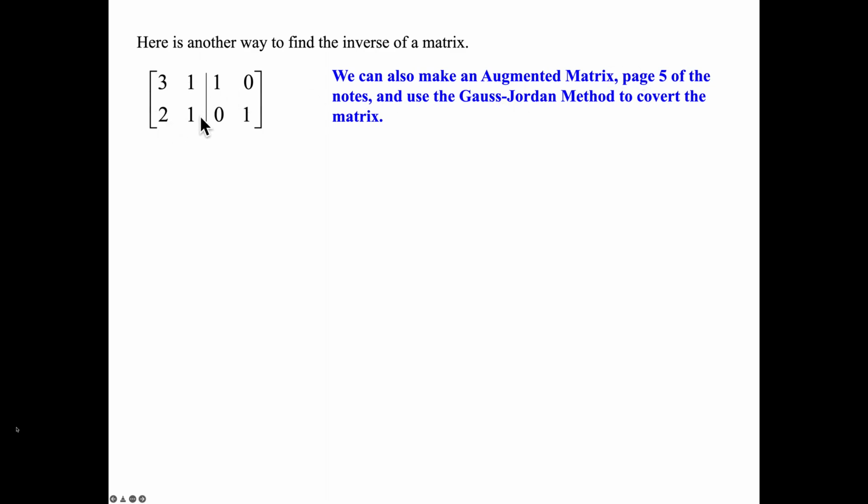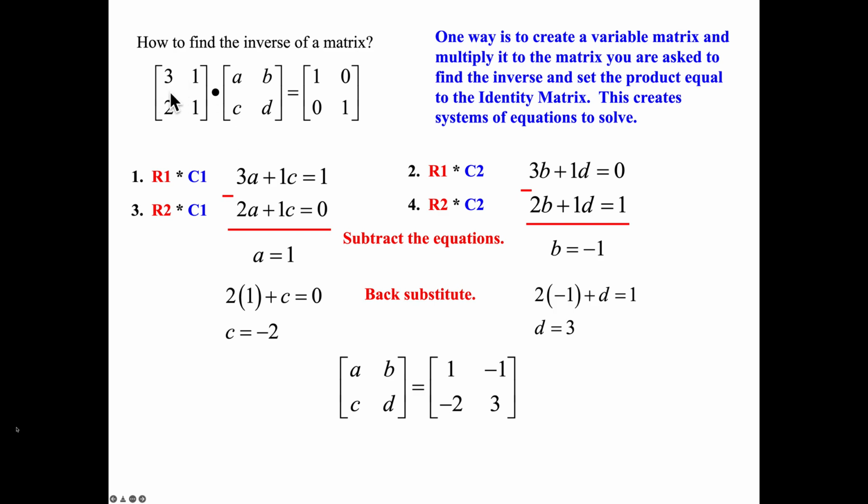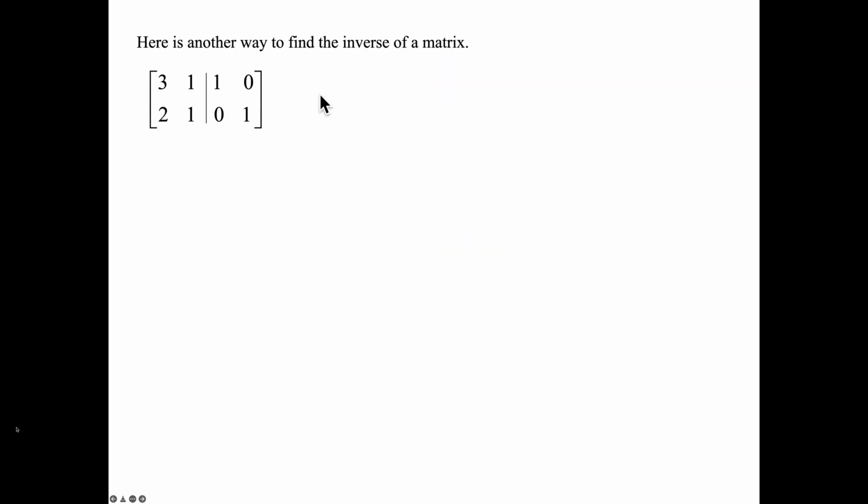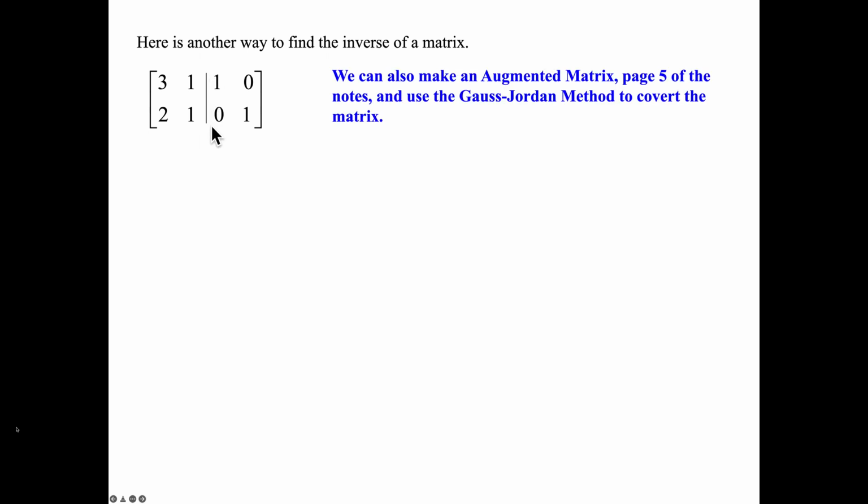This is the matrix that was given right there, and you use the identity matrix on the right side of the augmented line. You use the Gauss-Jordan method to make the left side become the identity matrix, and then the identity matrix on the right will turn into the inverse matrix.